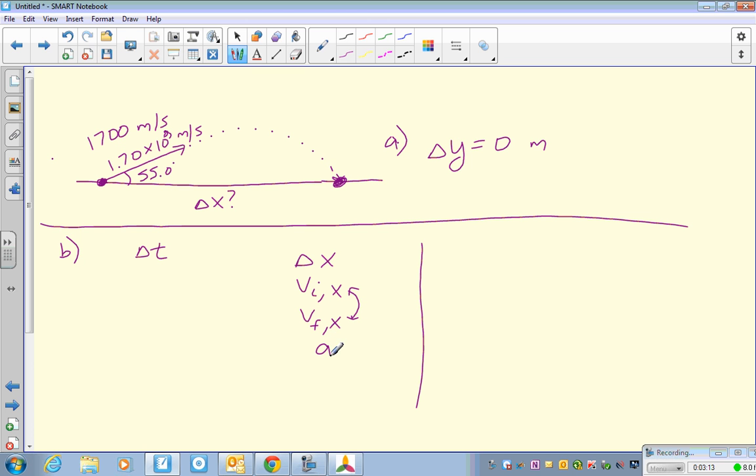You also know acceleration in the x direction. And so you have pretty much everything you need. The only real useful equation in the x direction is delta x equals v initial x times delta t. If you know this, you can find delta t rather easily. So that's my hint for number 34 if you're going back through this.